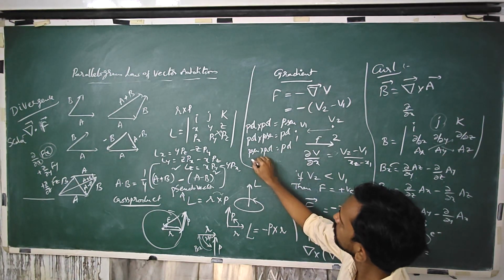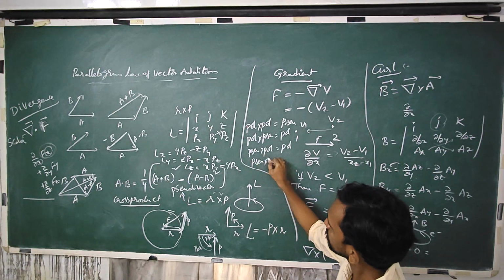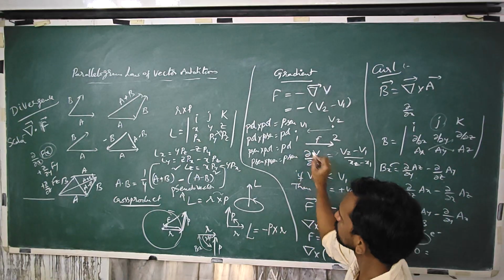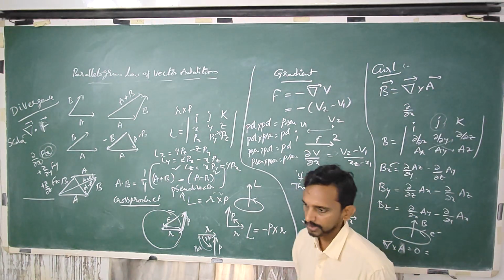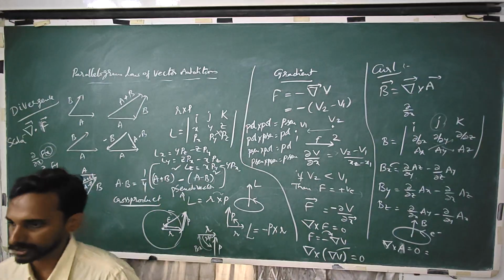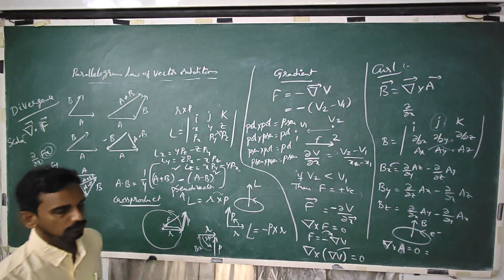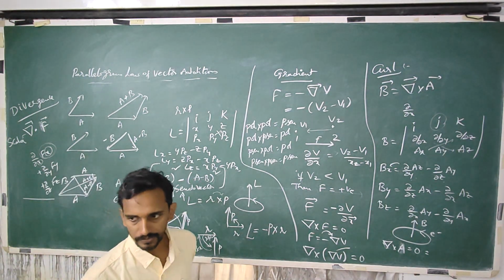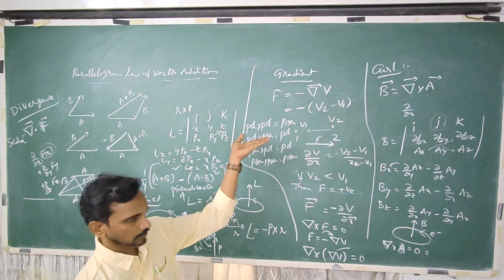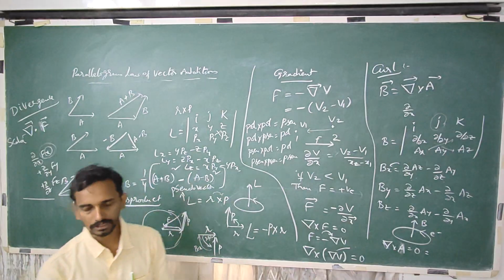And if you multiply two pseudo vectors, you will get a pseudo vector. So these are the general observations when you are dealing with polar vectors and pseudo vectors. You have to confirm what you are getting while doing all these calculations.